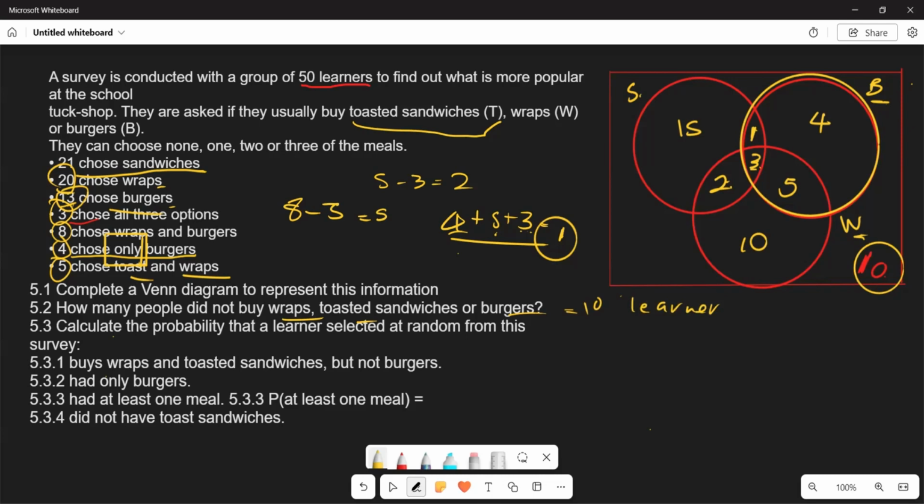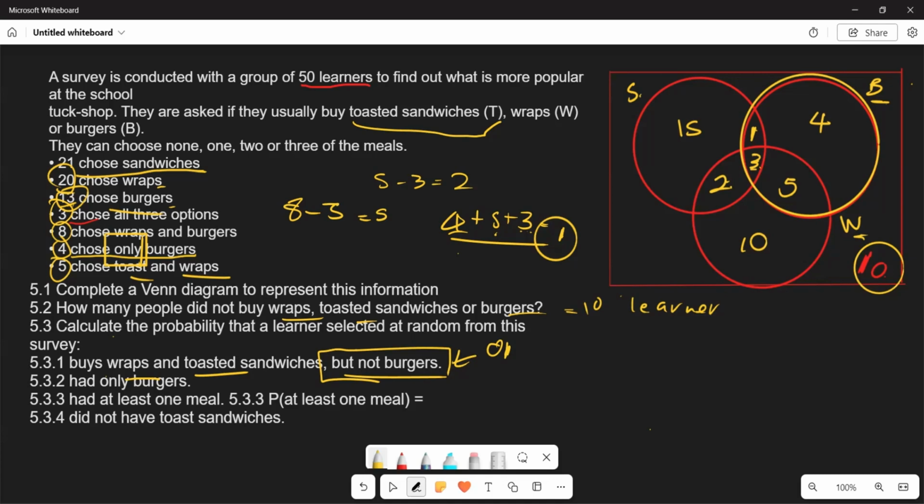Now from here, this other one, they say calculate the probability that a learner selected at random from this survey buys a Rapstar and a toasted sandwich, but not a burger. So as soon as they say but not, this is an only, and you simply exclude this. So you'll come here and say how many learners bought a Rapstar and a toasted sandwich.